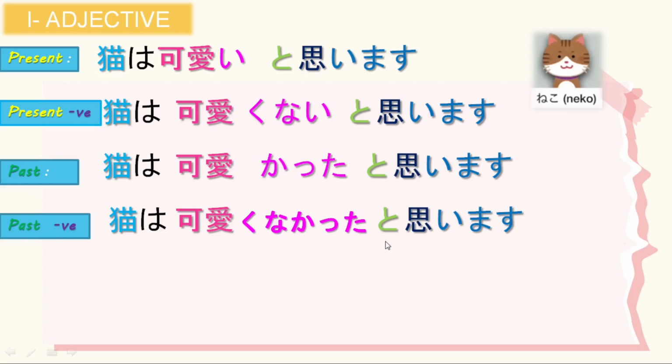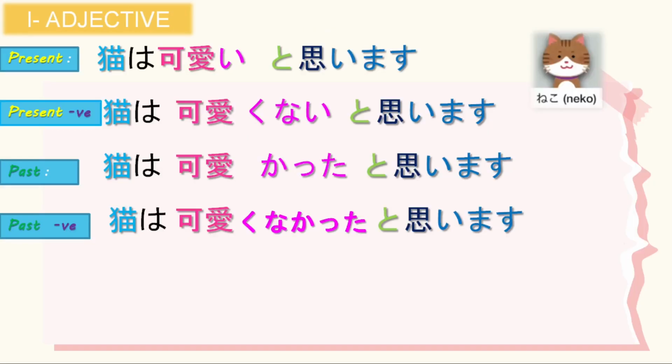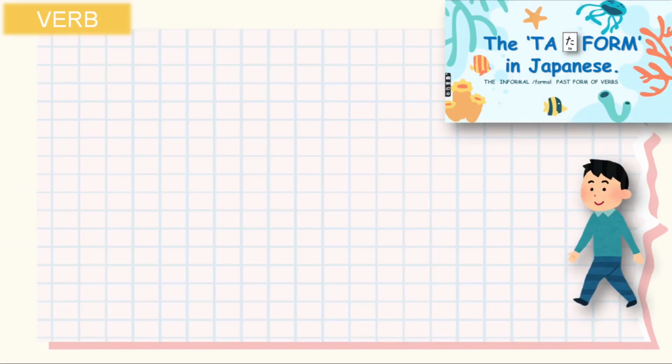So, the past negative tense is a mixture of the present negative and the past tense. Anyways, I hope you understood this. Let's revise it one more time. かわいい、かわいくない、かわいかった、かわいくなかった.